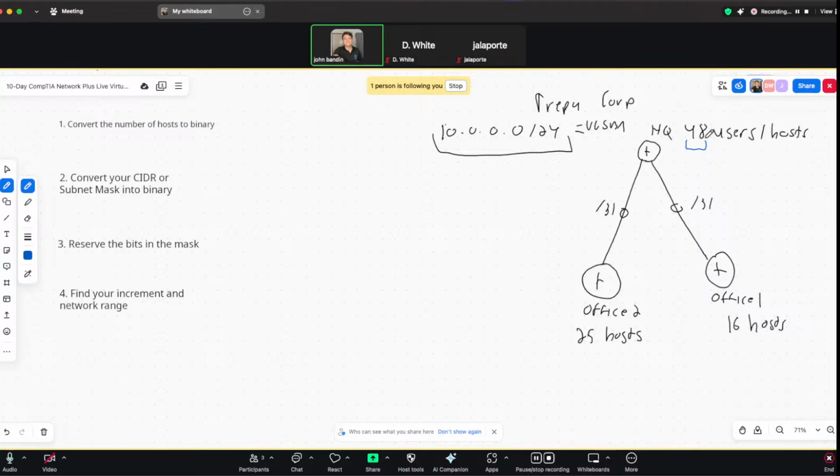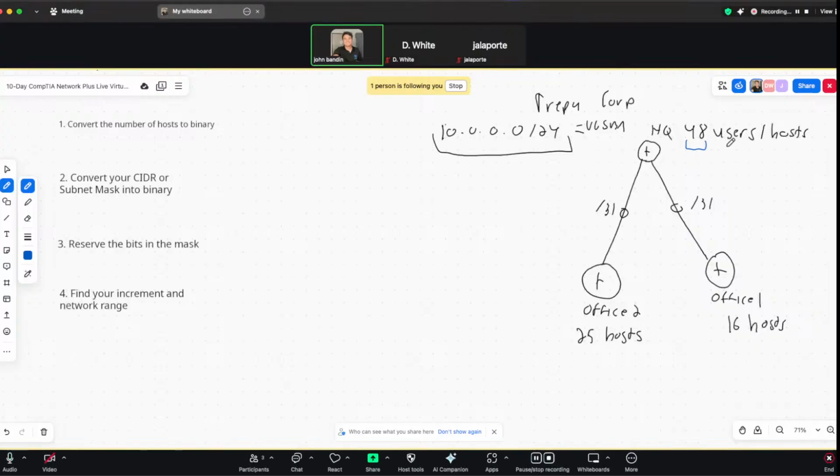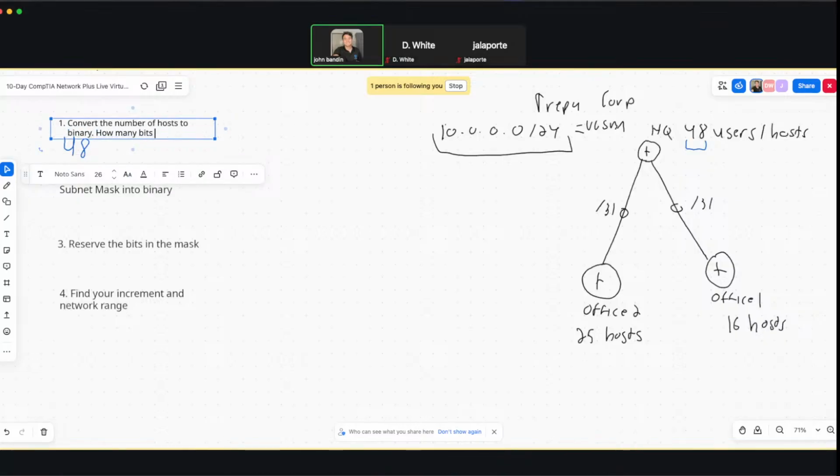So we have 48 users. So we got to convert the number of hosts to binary. So I have 48 hosts here. So really when I say convert the number of hosts to binary, this is also asking how many bits does it take to meet your host requirement.